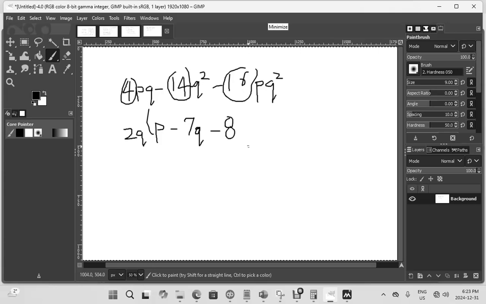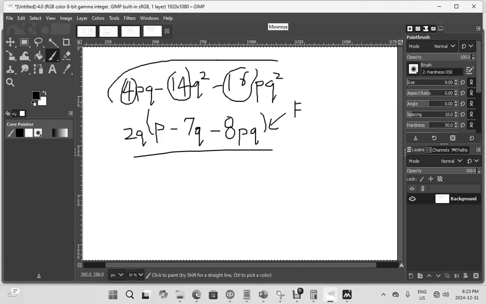So 2 times 8 is 16. And then again, you have the variables p and q. And you can double check this answer for factoring. So this is for factoring, if you need to factor this question over here.